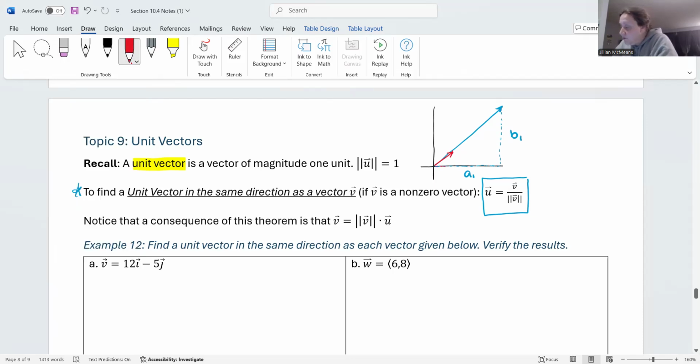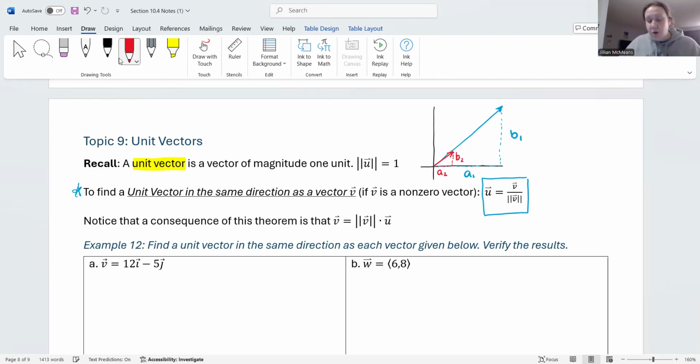It's got some horizontal movement and some vertical movement. So we get a horizontal distance of A sub 2 and then a vertical distance of B sub 2.